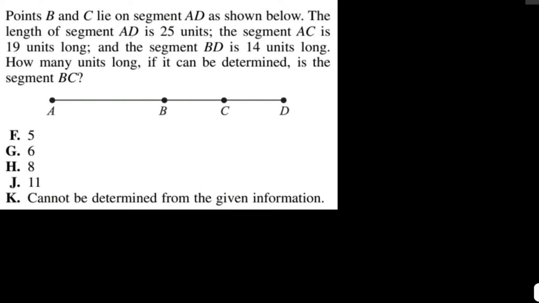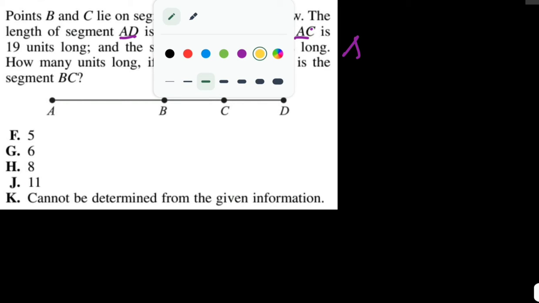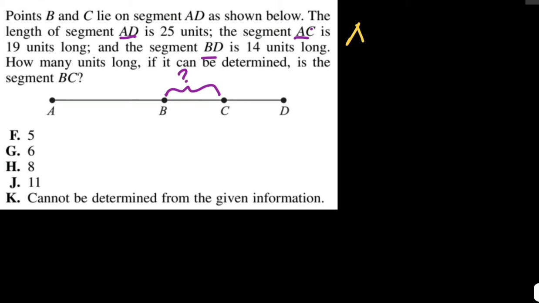So we're given here the length of segment AD, AC, and BD, and we are asked to find the length of segment BC. Now let's try analyzing this figure here. We're given that the length of AC is equal to 19.